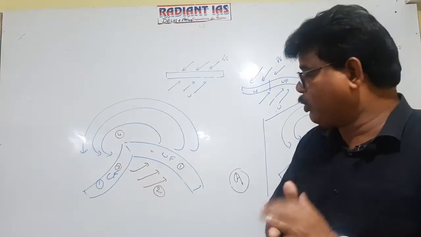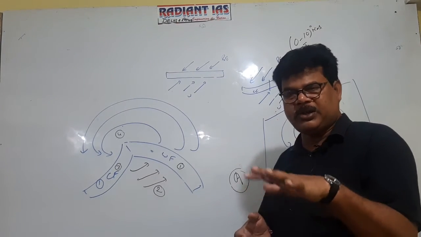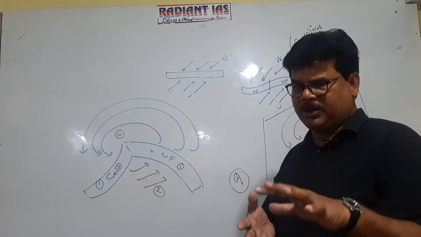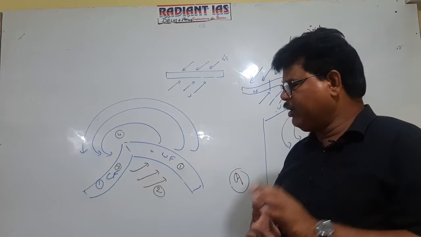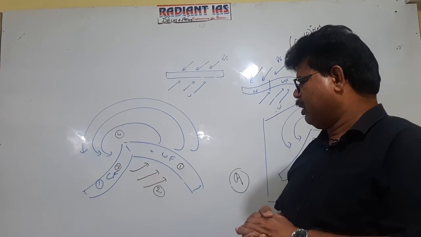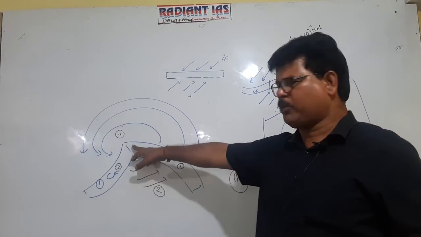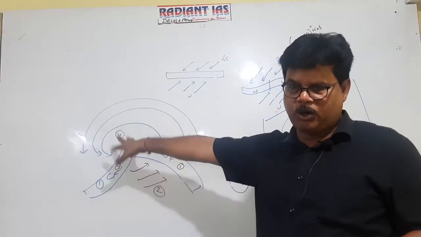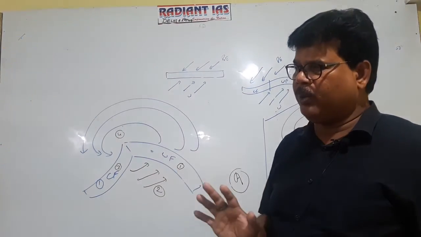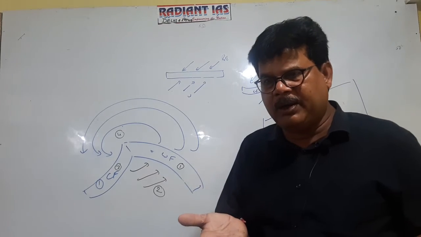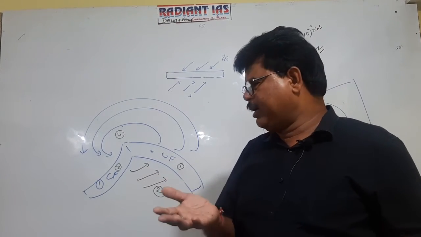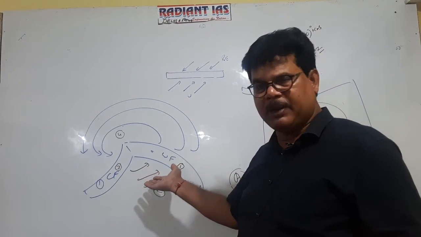You see, cold air mass is heavy, warm air mass is light. Finally, this front is destroyed, occlusion of the front occurs, and cold air mass will completely replace the warm air mass.